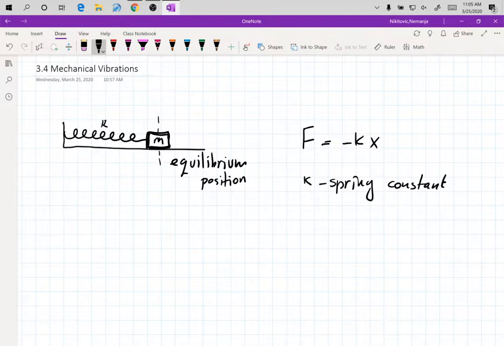So we are going to now take a look at another constant which we have in these systems, and that constant is going to be called the damping constant, because we can also introduce some kind of a cylinder which will make the spring behave a little bit differently.